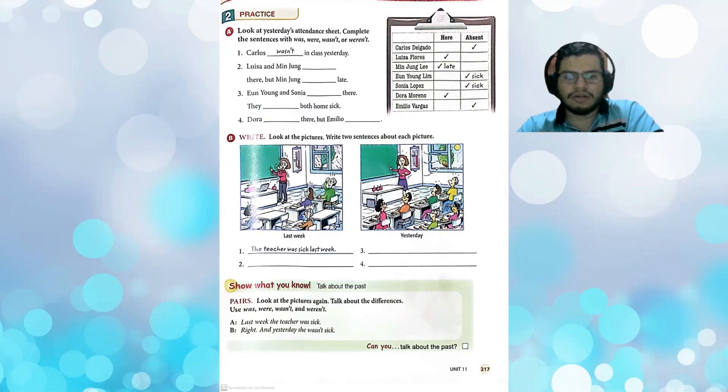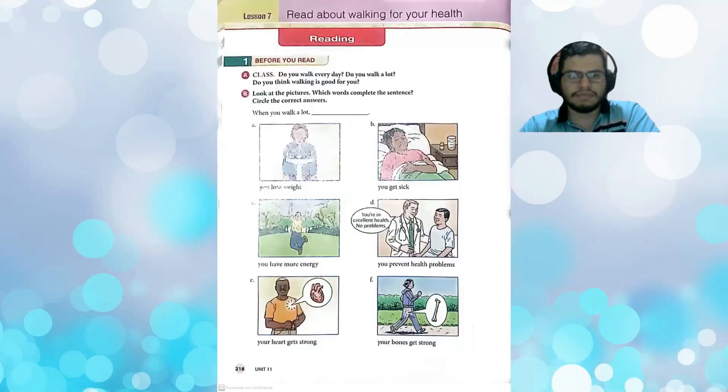The teacher was okay yesterday. The students were okay yesterday. La maestra estaba bien ayer, los estudiantes también. Create the sentences related with them.